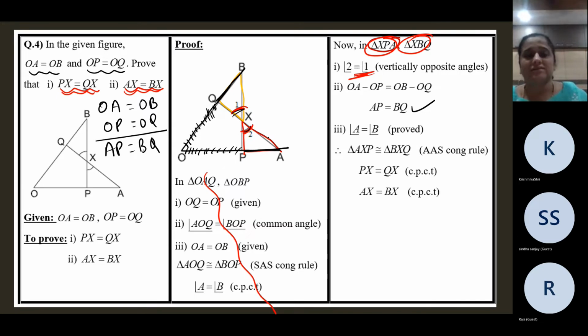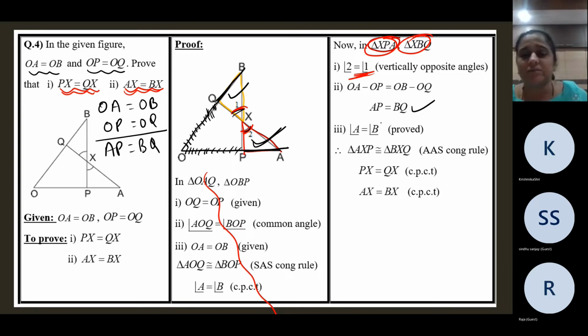We have two equalities, so we're looking for one more equality. We don't have it. After we finish the class, you sit and check in these two triangles if we have any other equal angles or sides. Nothing else we have. So we have to take up some other two triangles, show that they are congruent, and get an equality from that which can be used here.